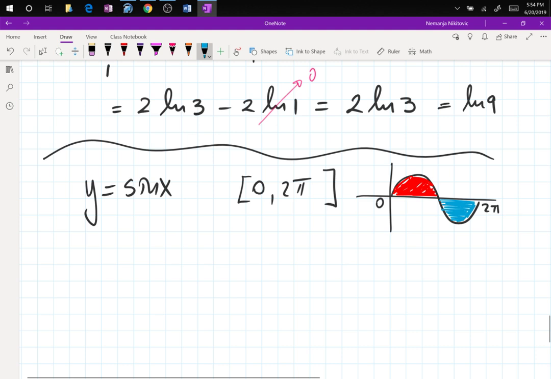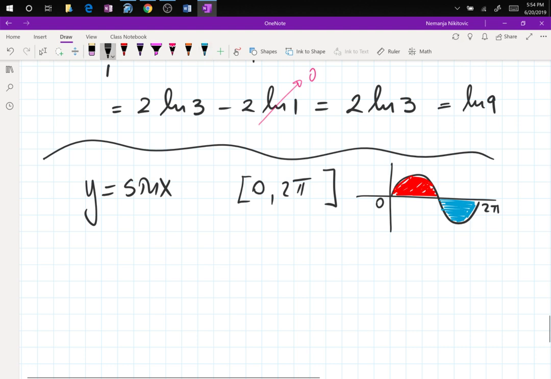So what do we do? Well, we have to be mindful of functions and graphs. For area under the curve, anytime the graph dips below the x-axis, we have a problem. We have to isolate that part and slap the absolute value on it. So I cannot compute this as the integral of sine from 0 to 2 pi.